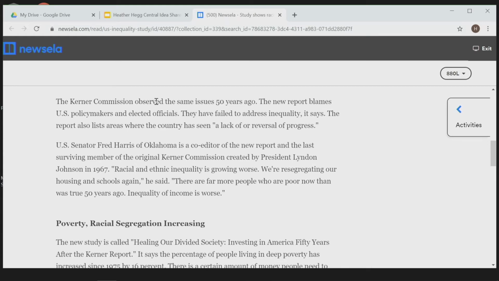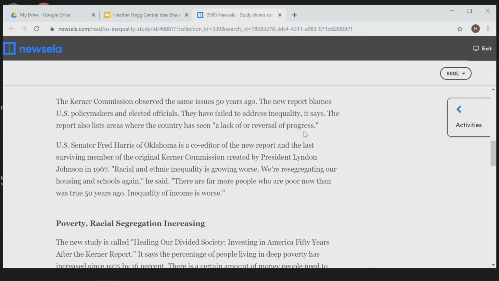The Kerner Commission observed the same issues 50 years ago. The new report blames U.S. policymakers and elected officials. They have failed to address inequality, it says. The report also lists areas where the country has seen a lack or reversal of progress.